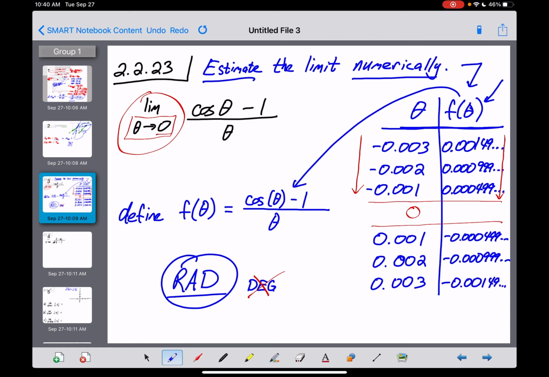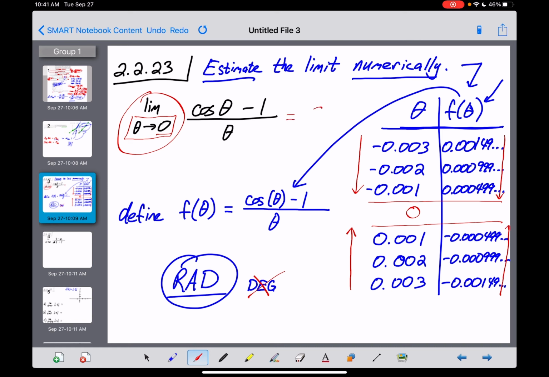So maybe not surprisingly, all these y values we got on the bottom of this table are just the opposites of the y values we got up above. So, and I read this one now from bottom up, as theta is approaching 0 from the right, our y values seem to be approaching 0 as well.